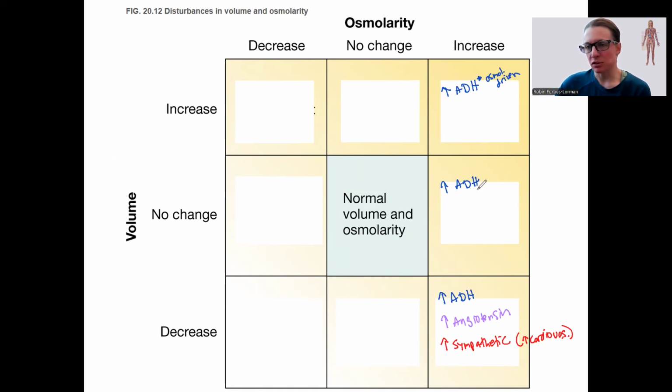I mean, it's actually solely osmolarity driven as well here, but this is the one where that's in opposition, but it still is going to be an increase, even though the blood pressure volume signal is opposing it. You could say this one is like double increase. There's two different signals for it. So ADH responding primarily to osmolarity. Blood pressure changes can either amplify or oppose ADH. So that would be going over here.